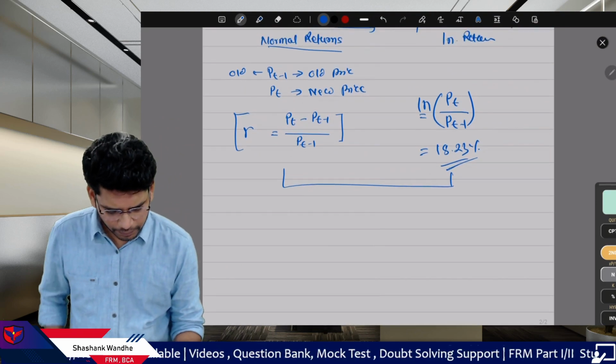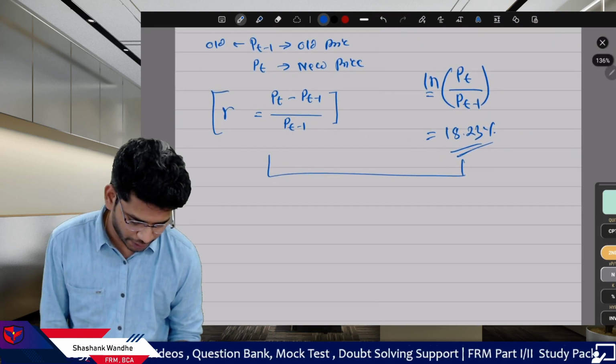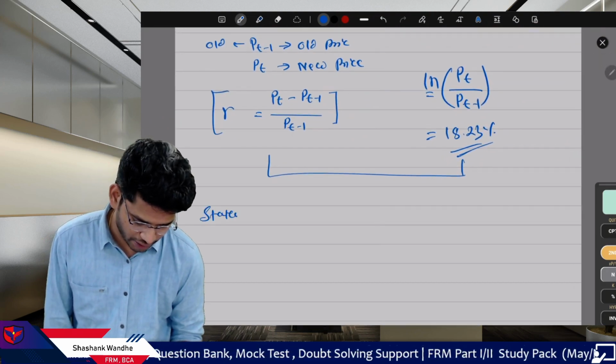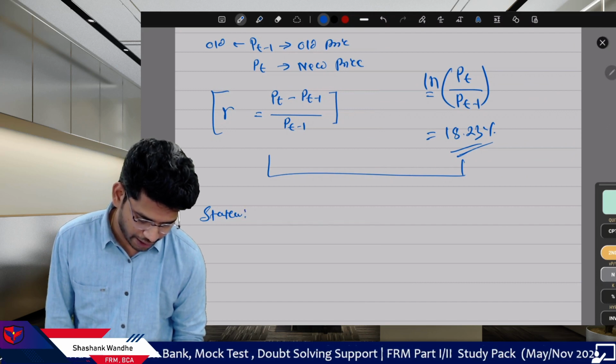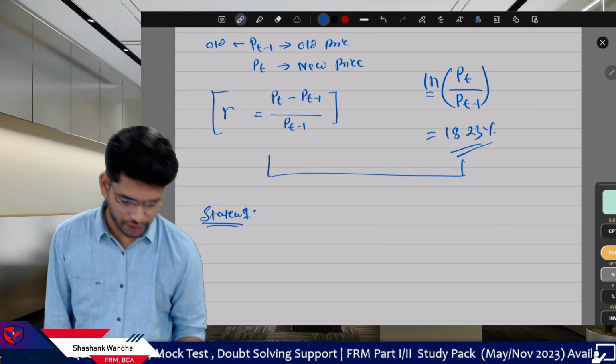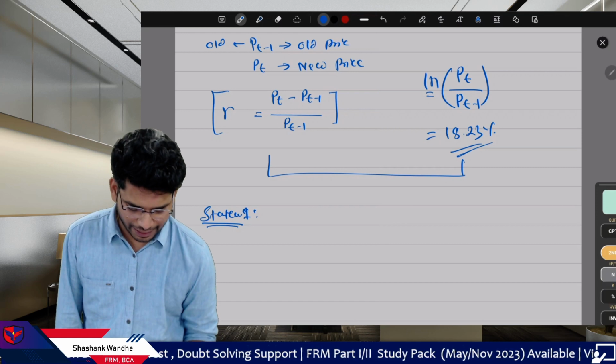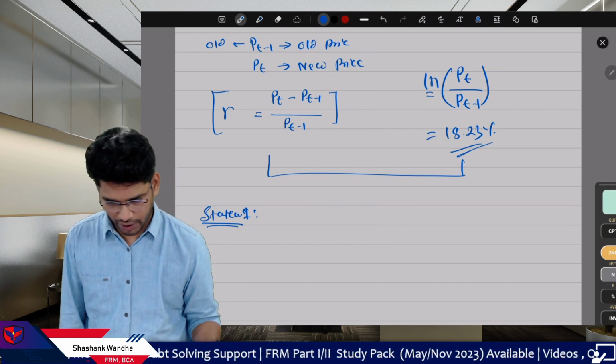Now statements to remember. Again the repeated statements. These statements are the same as FRM Part 1. You already know these statements, but again I will write exactly what's given in GARP's curriculum.